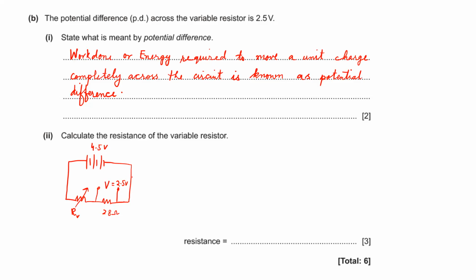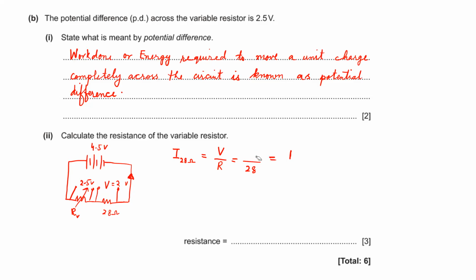So this is a series circuit, so the current in this circuit will be the same across this resistor and this resistor. So we simply find the current through the 28 ohm resistor. This current is V divided by R. Sorry, the voltage across the variable resistance is 2.5 volts, so the voltage across the 28 ohms will be the remaining, which is 2 volts.